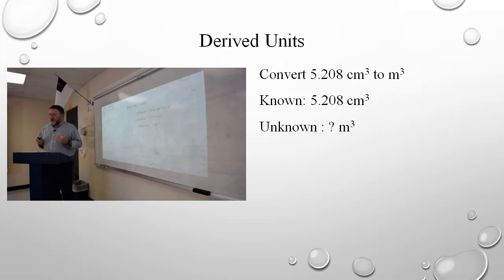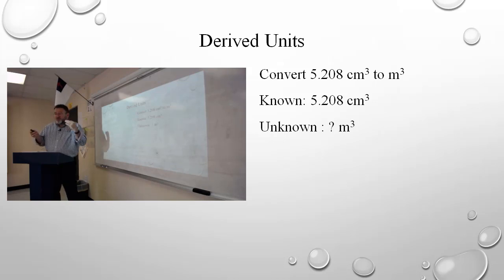Now, we're translating languages, right? Using that terminology, we're translating from the language of centimeters cubed into the language of meters cubed. Does anybody in here know a statement of equality that can translate directly between centimeters cubed and meters cubed?